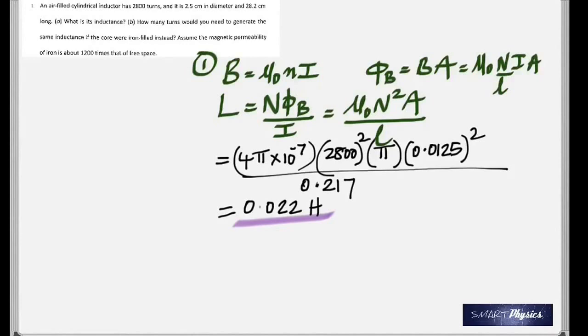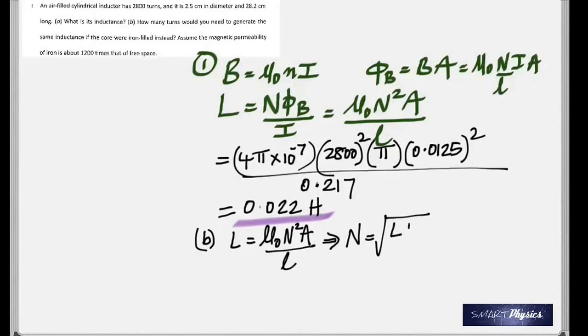In the B part, you're asked to find the number of turns. So again, start with the formula. Make the number of turns the subject. You're going to have square root of what?